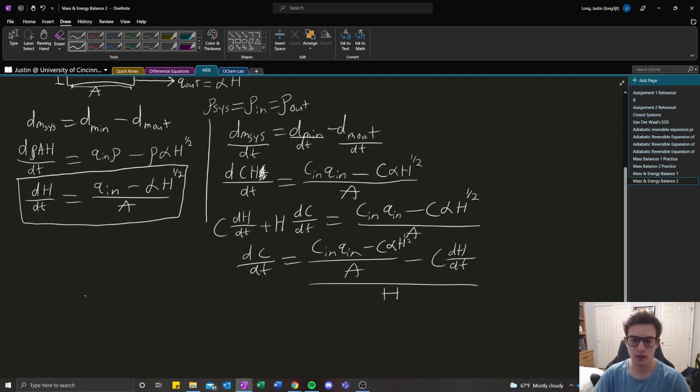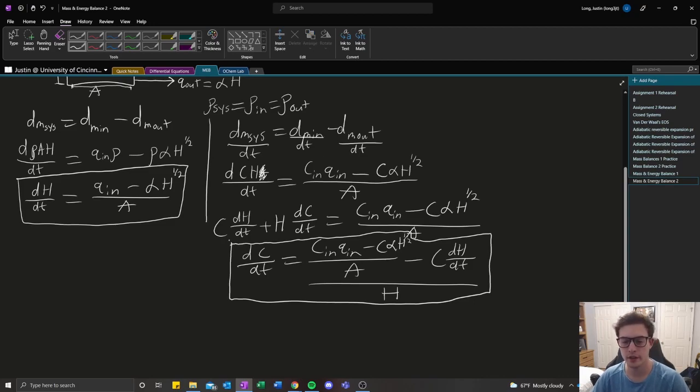All right, so here is our change in concentration with respect to time. So now we can just go ahead and plug it into Python, and because our equations are so similar, we're not going to have to do a whole lot of coding. We're just going to change what we already did.